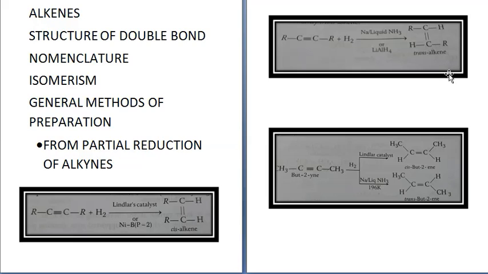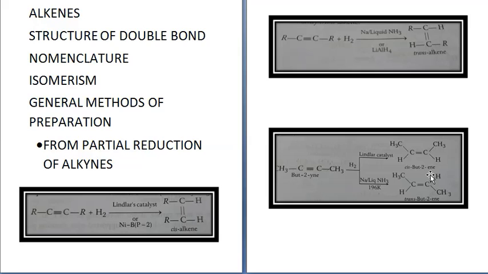Okay, now in brief, suppose we take an example of but-2-yne, CH3C triple bond CCH3. This on reduction, if the reduction is with Lindlar's catalyst, it will give you cis but-2-ene. See, CH3 they are close to one another in this case.